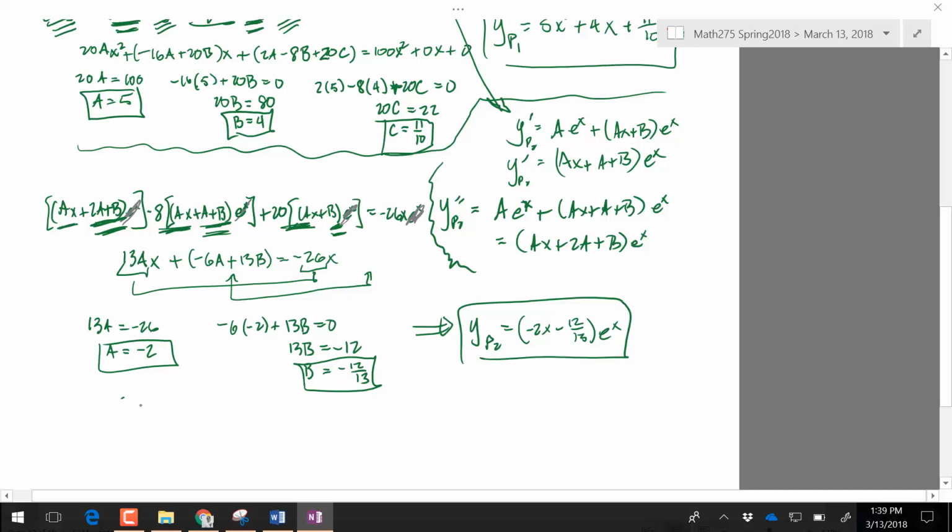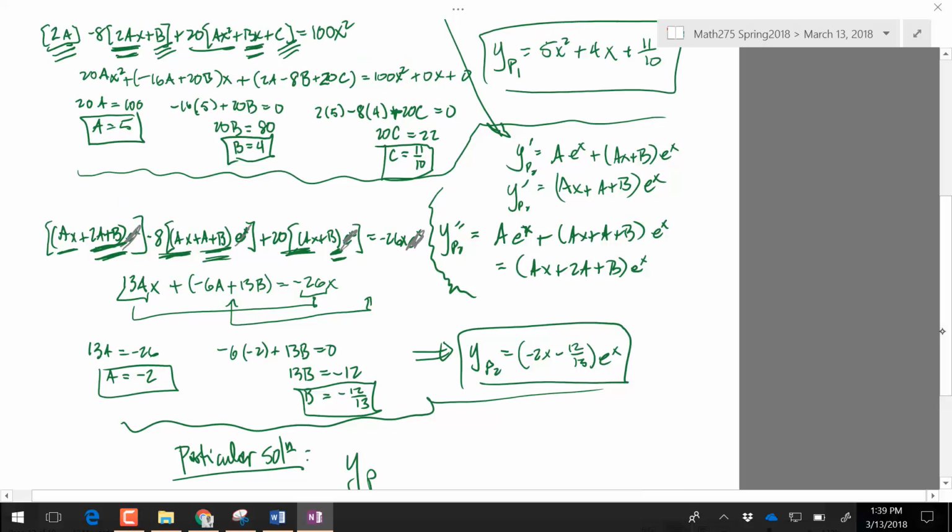So your general particular solution, according to the superposition principle, which tells us that we can just add them all up together, is equal to the first particular solution, which is 5x squared plus 4x plus 11 tenths, plus negative 2x minus 12 over 13 times e to the x.